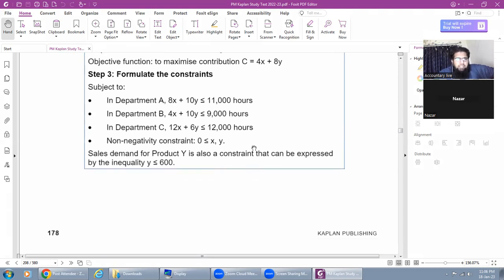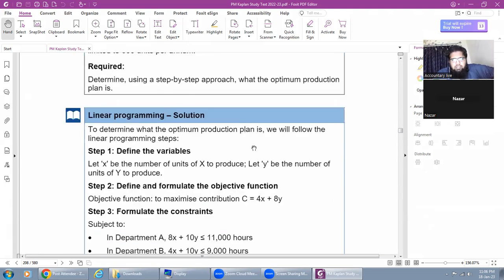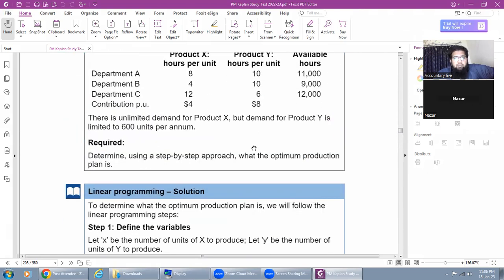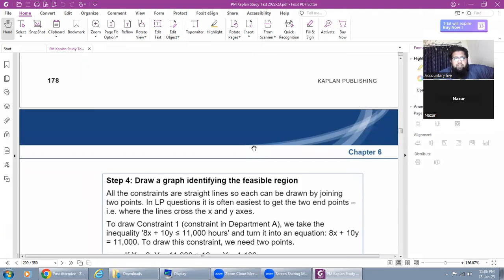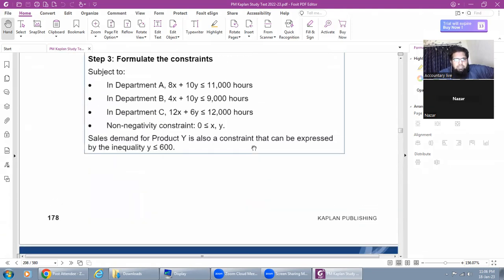And we have a constraint that demand for product Y is limited to 600: y less than or equal to 600.